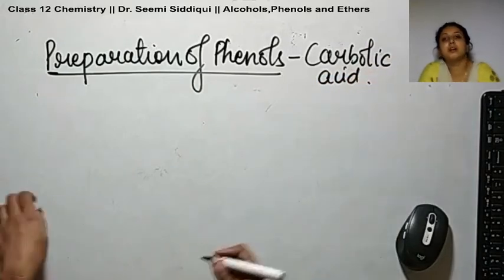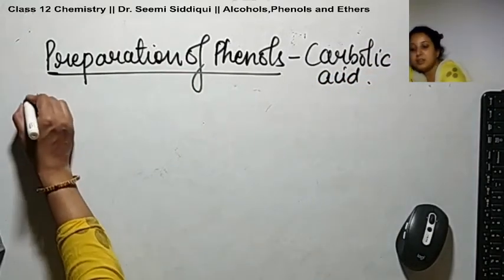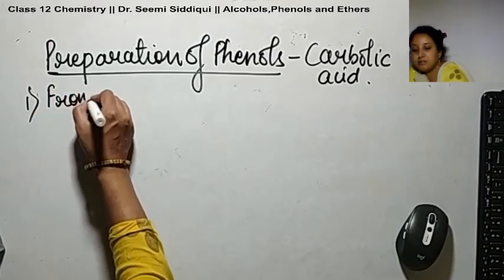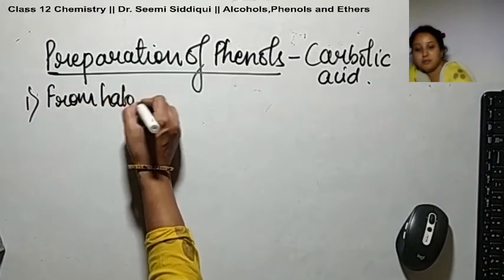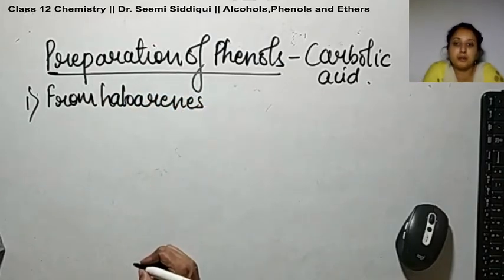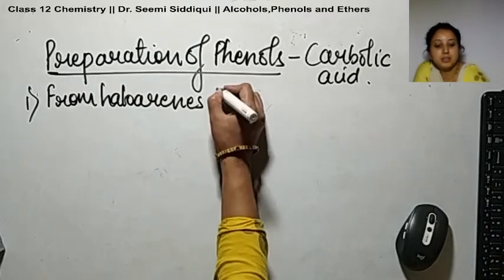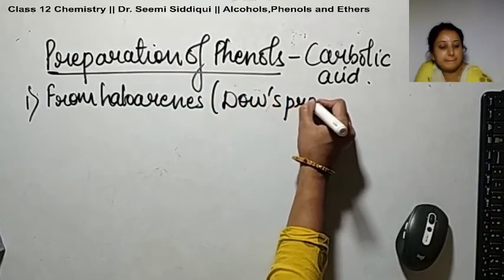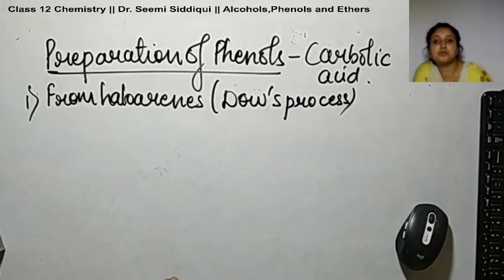Now, the very first thing is that phenol can also be named carbolic acid. Coming to its preparation, the first preparation is from haloarene. Whenever we obtain a phenol from the haloarene, the process is called Dow's process.